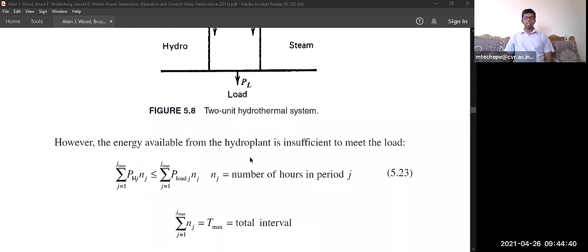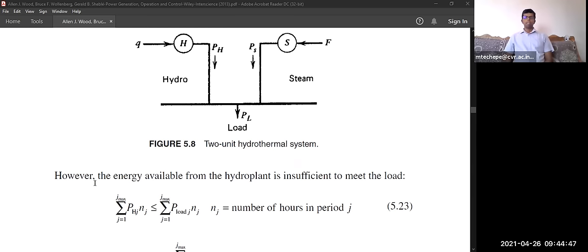However, the energy available from the hydro plant alone is insufficient to meet the load. Why? Because, as I said, up to 8 hours or 10 hours or 12 hours only, based on the resources, we go for power generation from the hydro.